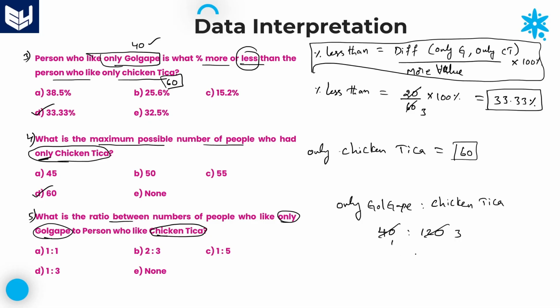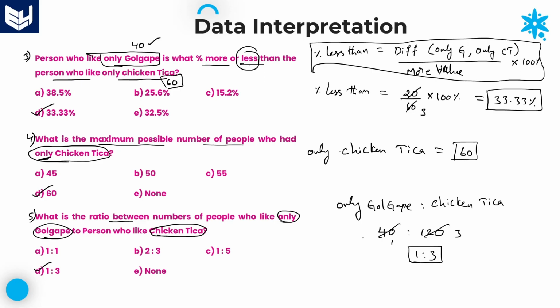Therefore the required ratio is 1:3. That is the required answer. Look at the options. Option D is the right answer for this question.